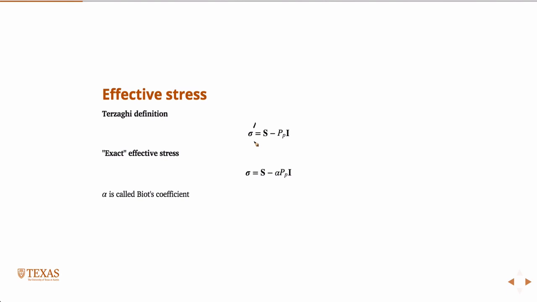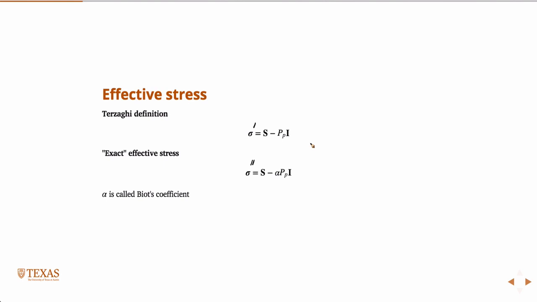Sometimes we use a single prime symbol for that, and possibly a double prime for this one. I think I had them there, and maybe they're just not showing up on the screen for some reason. So you have the total stress minus the pore pressure, and the pore pressure only acts hydrostatically. So we just subtract it from the diagonal entries, hence the identity matrix there.